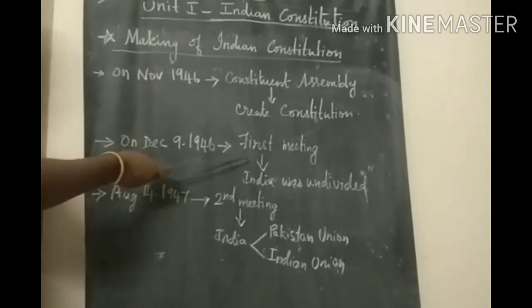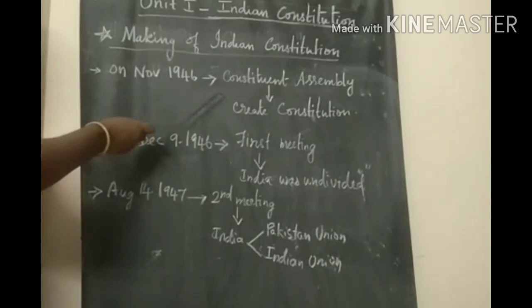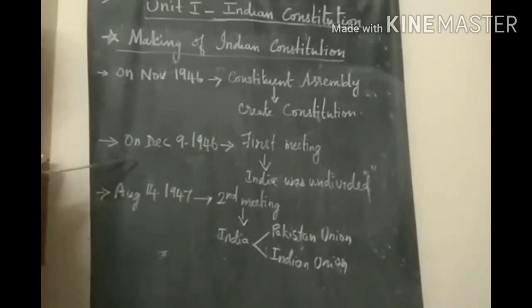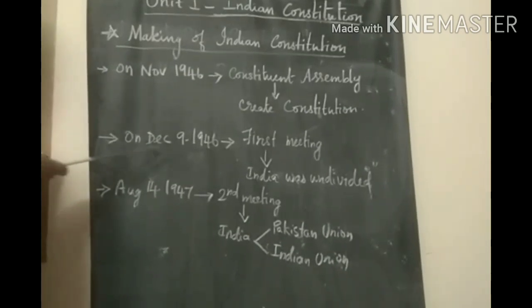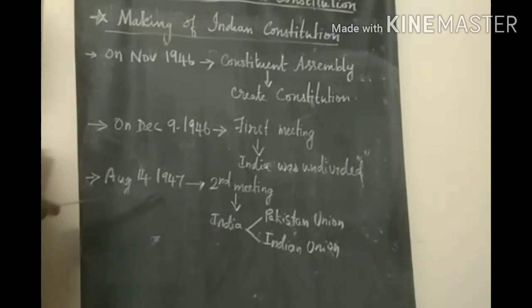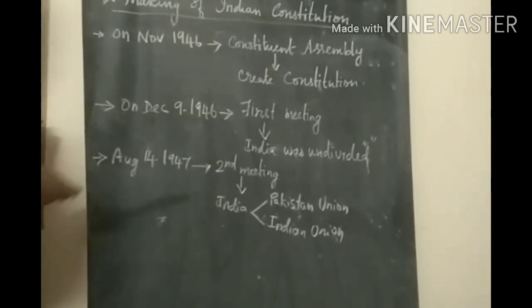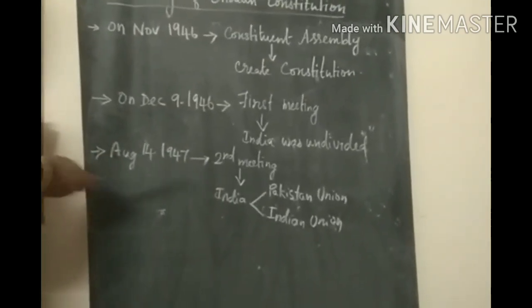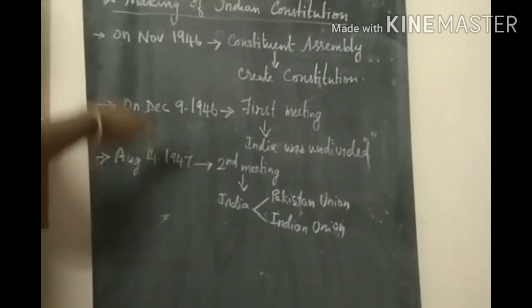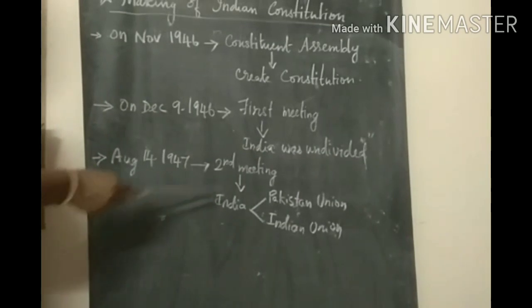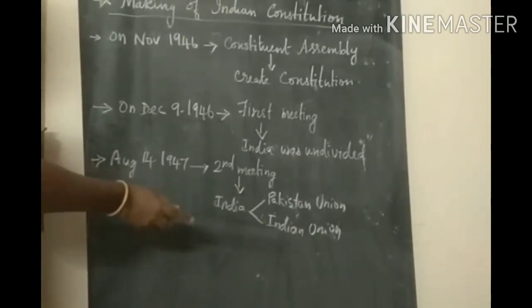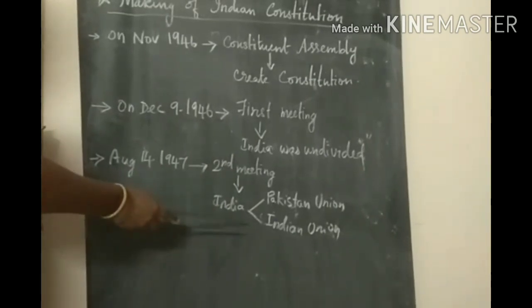The first meeting of the Constituent Assembly was held on December 9, 1946. The second meeting was held on August 14, 1947, to frame the Indian constitution. At that time, India was divided into two, the Pakistan Union and the Indian Union.